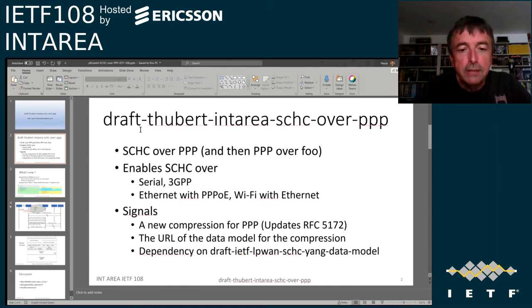The second is that PPP gives us all the legacy radios like your GPRS phone, and with PPP over serial links, obviously, but with PPPoE, you can get anywhere. With Ethernet, you get Wi-Fi, you get pseudowires, you get everything. So we thought that the shortcut to get PPP over foo was to get SHIC over PPP, and then do PPP over foo.